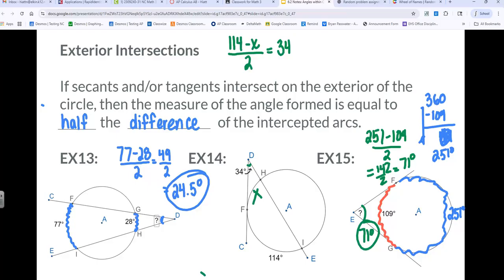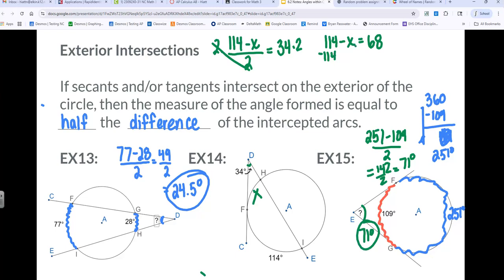So you could definitely use Desmos to solve, but it's not too bad to solve, even though it looks kind of scary because it's a fraction. What would I do first if I wanted to solve that? Times by 2 to get rid of that 2 in the bottom. Okay, then I'd have 114 minus x equals, so that's going to be 68. Okay, Joey, what would I do next to solve that?